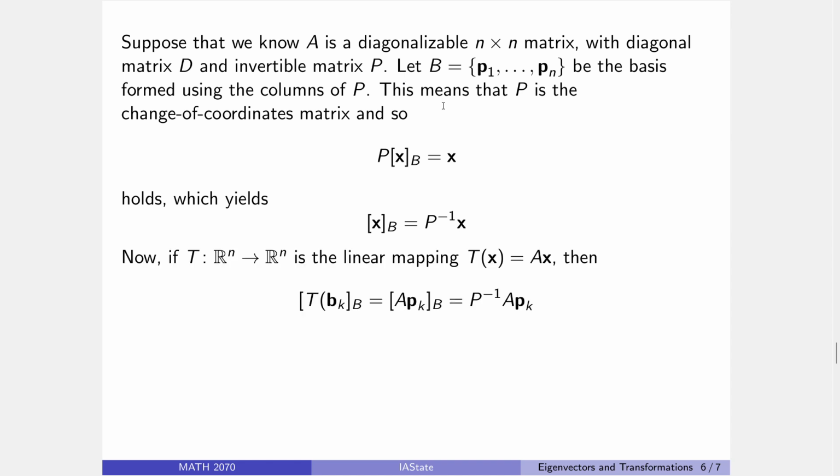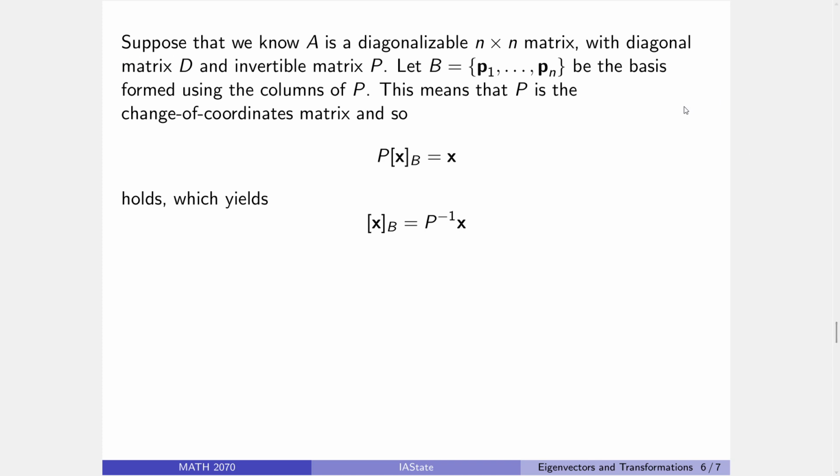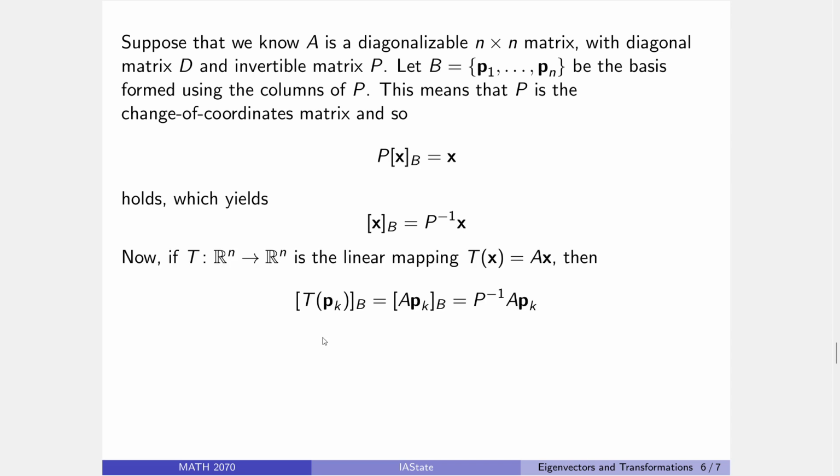Now, if T is the linear mapping that multiplies by our matrix A, then the coordinate vector for T of Pk, that's not supposed to be a Bk, that's a Pk, let me fix that. There you go. Simply multiplying that vector by the matrix A, following this formula, corresponds to P inverse A Pk.